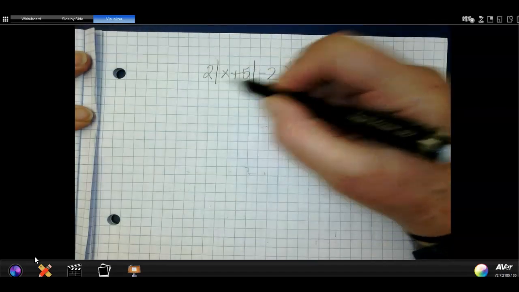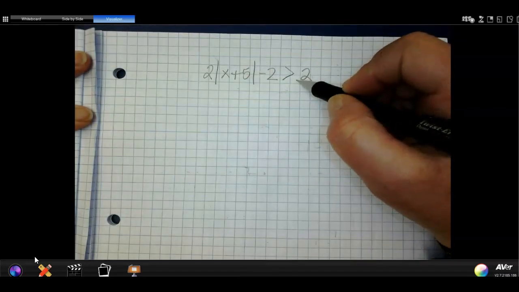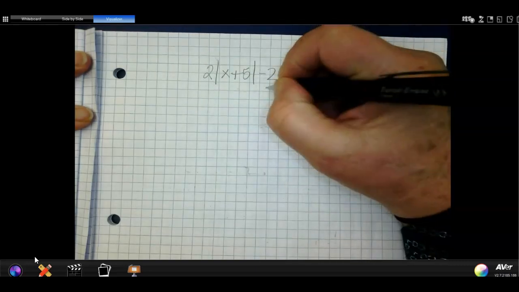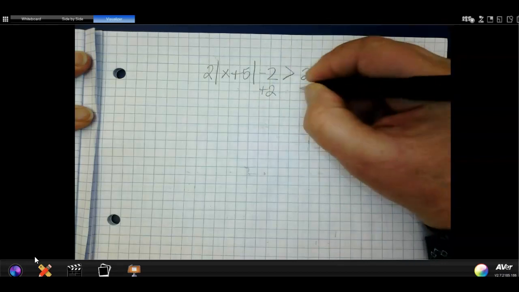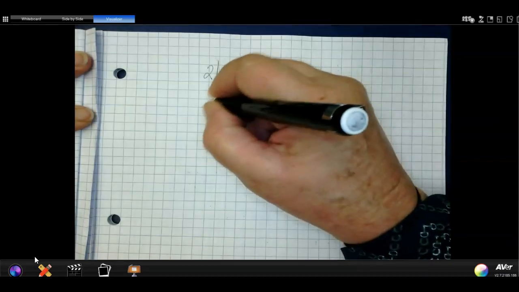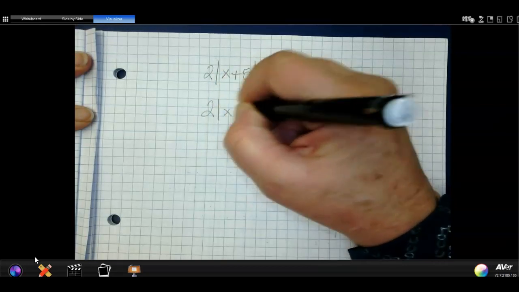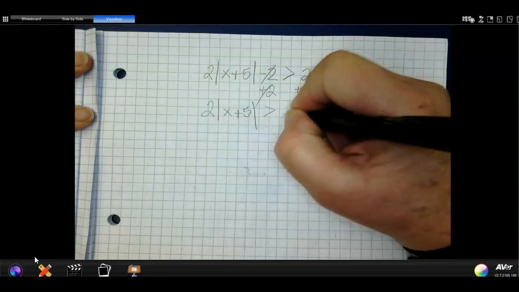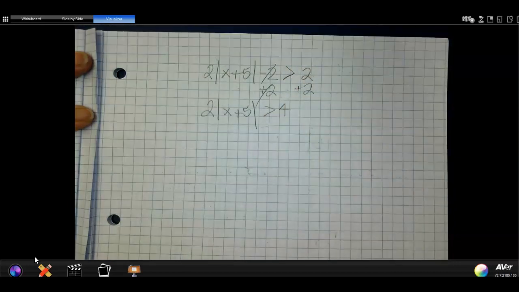So just like with equations, I have to isolate the absolute value part. So I'm going to do that by adding 2. Okay? So now I've got 2 times the absolute value of x plus 5 is greater than 4. Do you see?